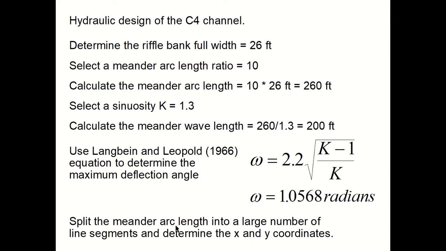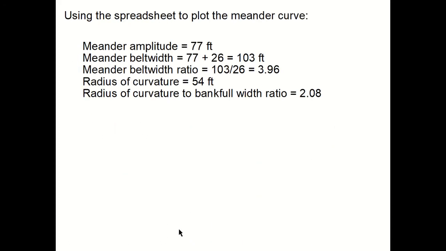Now we're going to split the meander arc length into a large number of line segments and determine the x and y coordinates. This I have done in a spreadsheet. So I use the spreadsheet, and I then come up with a meander amplitude of 77 feet, a meander belt width of 103 feet. So then I check my meander belt width ratio.